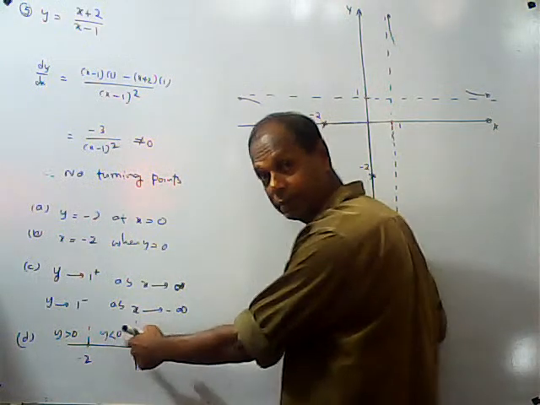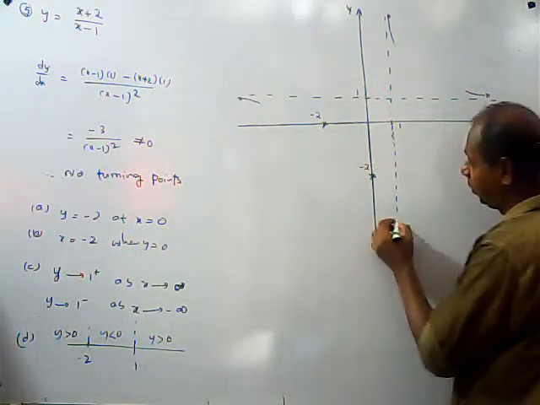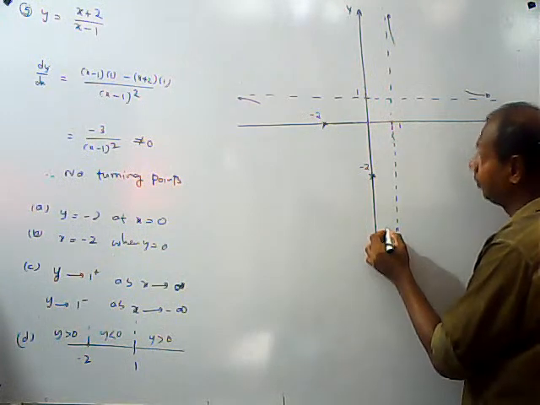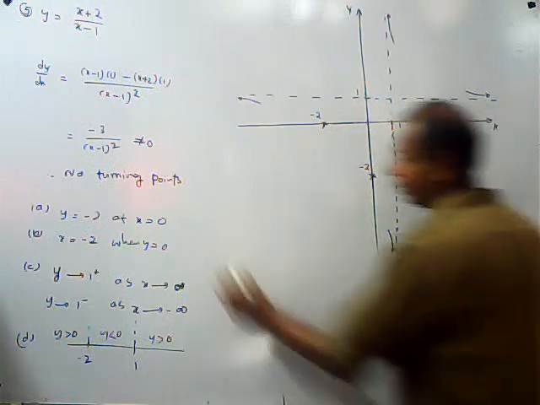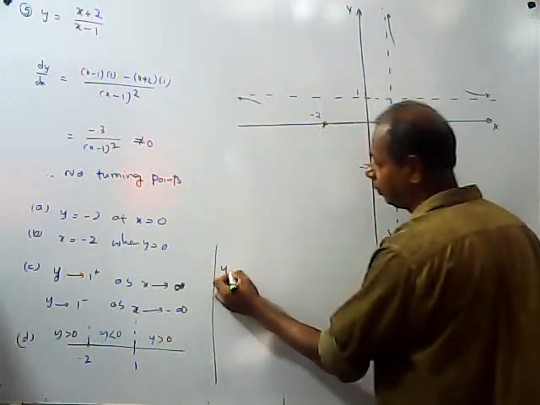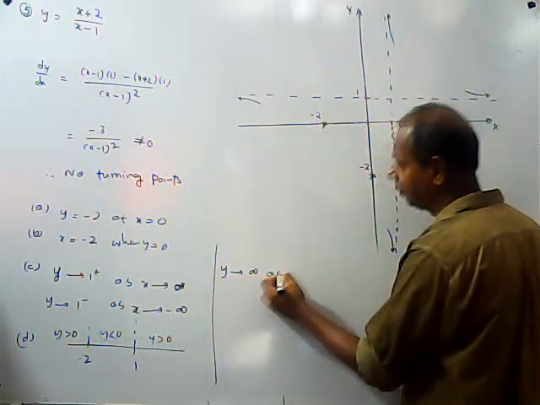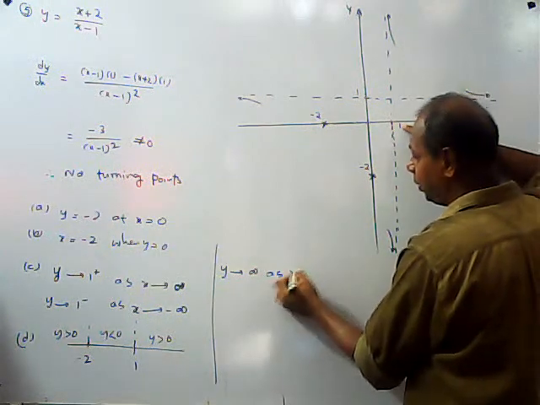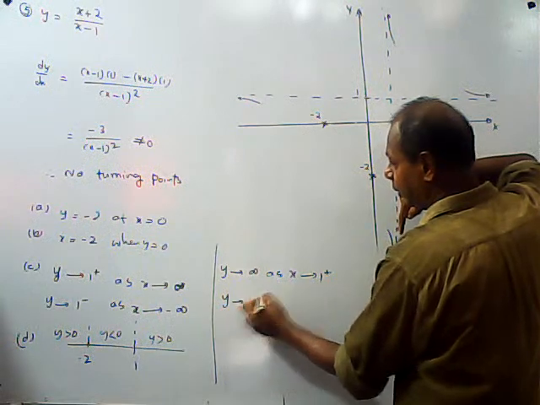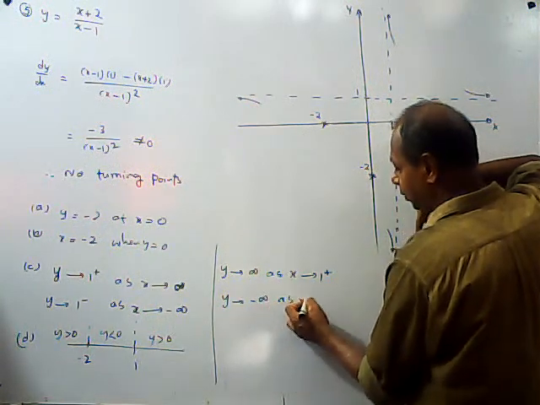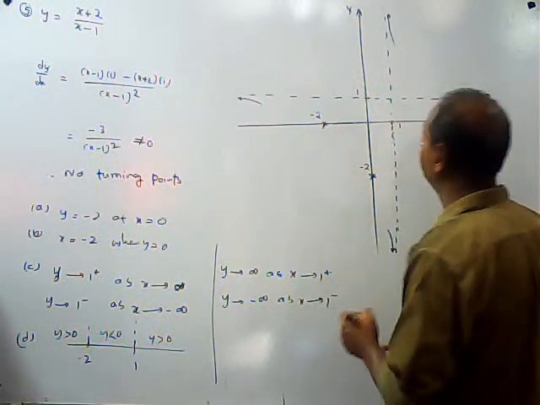Left of 1 y is negative, so it will go to negative infinity. So y goes to positive infinity as x gets closer to 1 from the positive side, and y goes to negative infinity as x gets closer to 1 from the negative side.